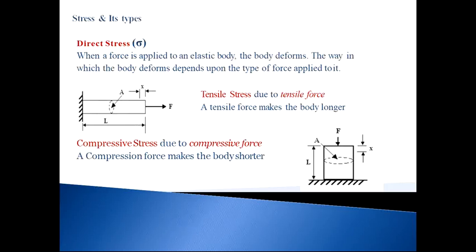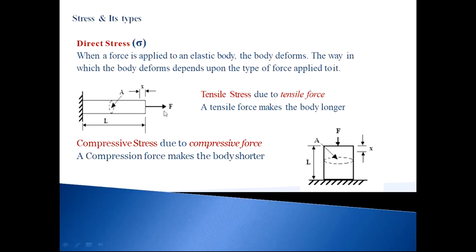Stress and its types. First one, direct stress. When a force is applied to an elastic body, the body deforms. The way in which the body deforms depends upon the type of force applied to it. Basically there are two types of forces: the first is tensile force, the second is compressive force. See this figure.